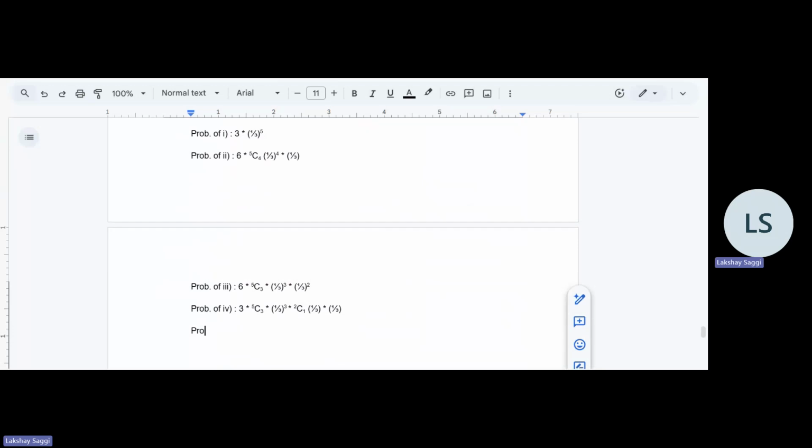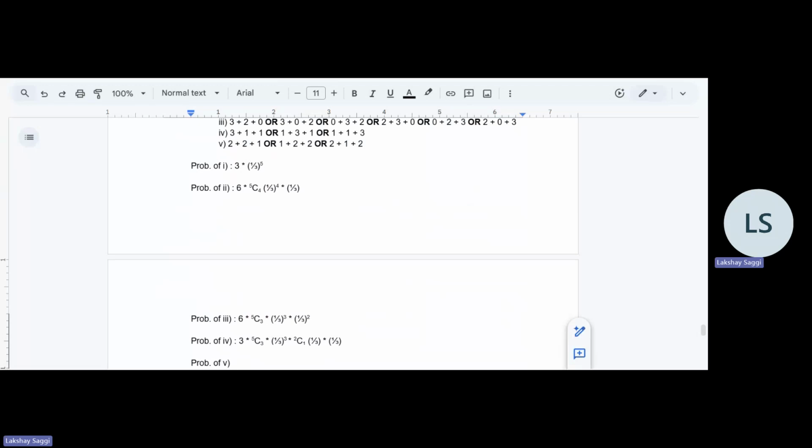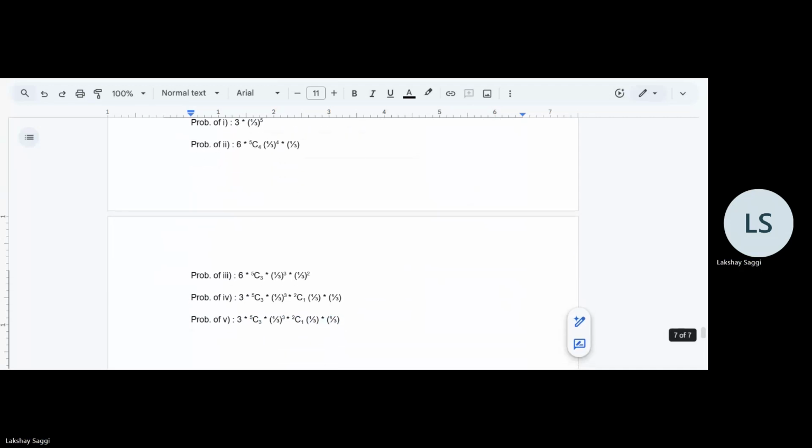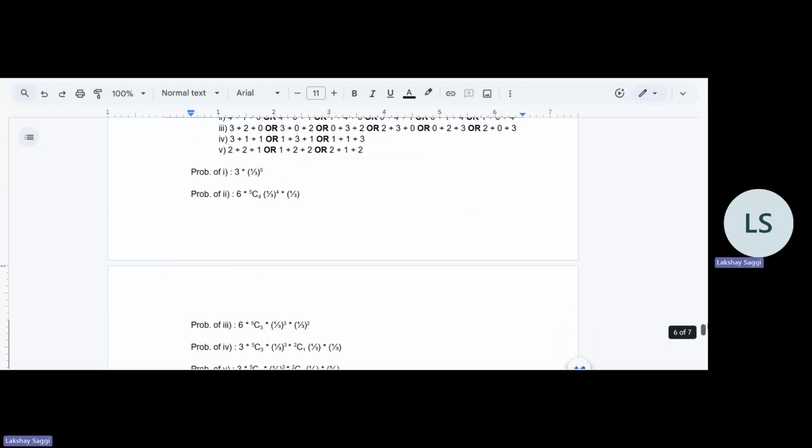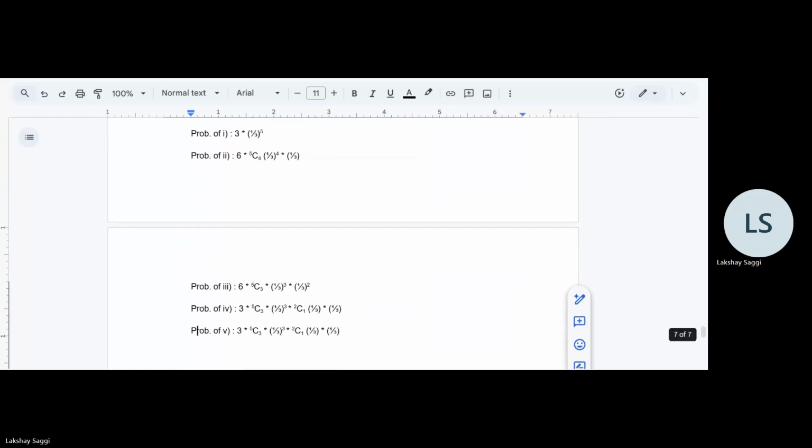And now what's the probability of the fifth case? In the fifth case there are 3 cases. Maybe I'll just copy paste from earlier, and now I'll make the edits. The case was 2 plus 2 plus 1.